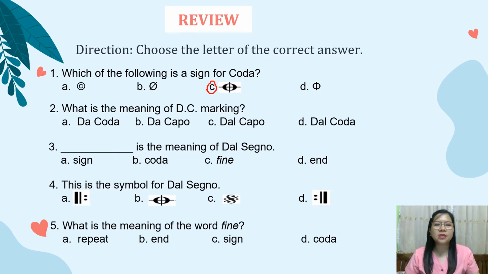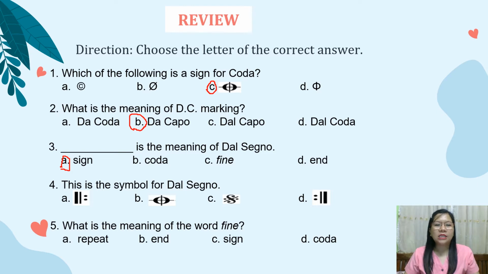If your answer is letter B, you are correct. Number 3. Blank is the meaning of dolce nino. If your answer is letter A, very good.